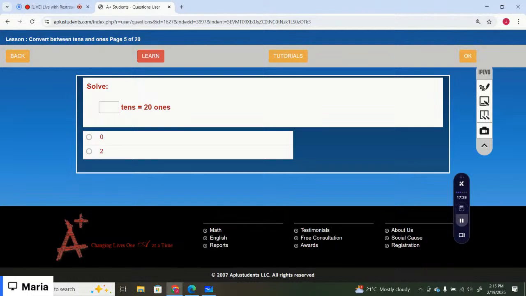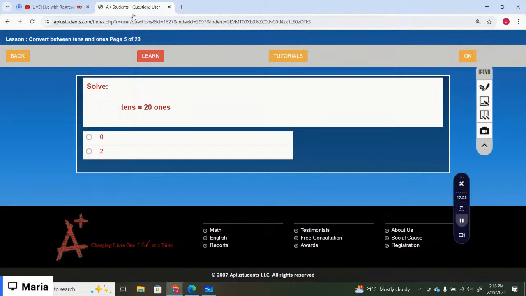20 ones equal how many tens? 20 ones equal 2 tens.